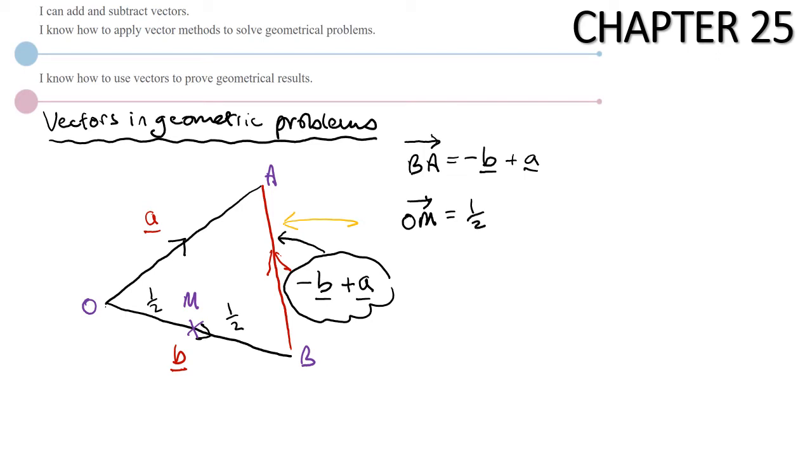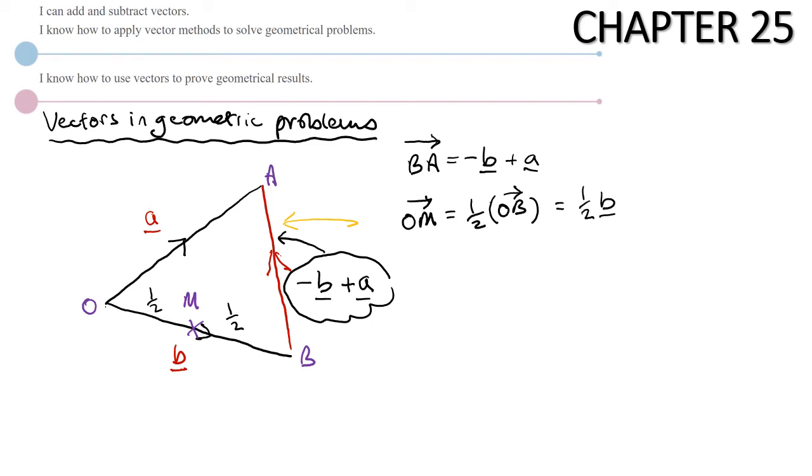OM is halfway from O to B. Now, how do I get from O to B? Well, O to B is just B. So O to M is just half of B.